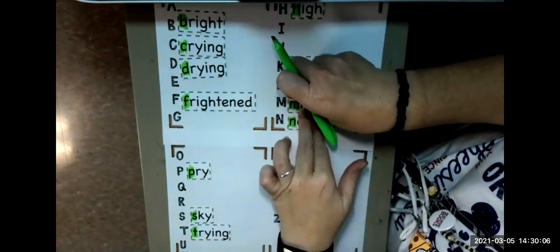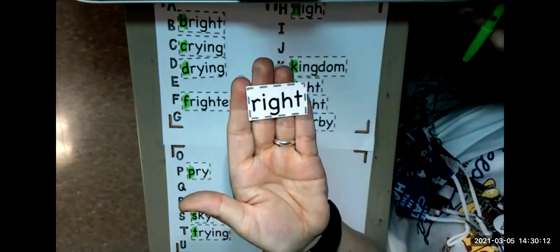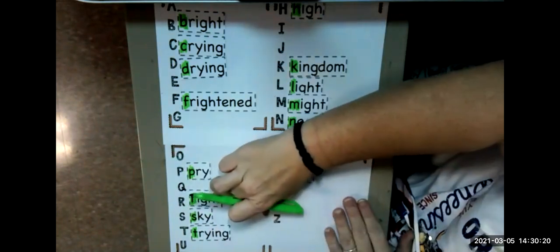It is an M. Good. It's going to go right there. I'm going to have to squish it in there. Oh, and then we have right. What's the first letter of right? The R. All right, so it's going to go right over here.